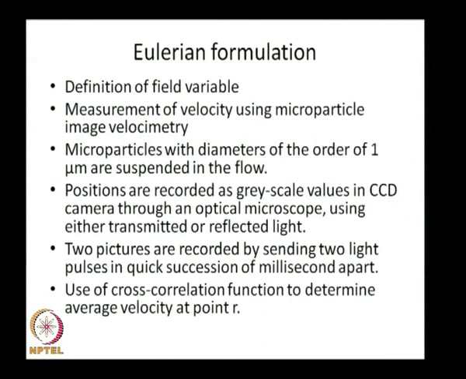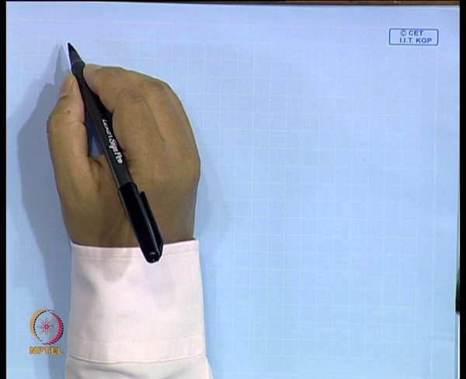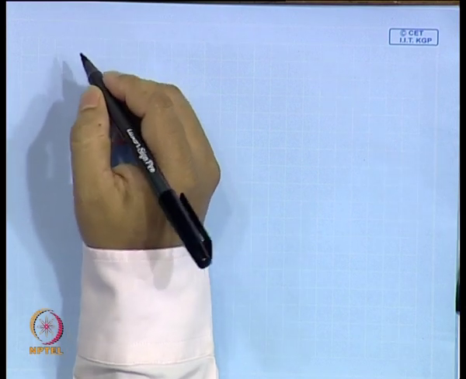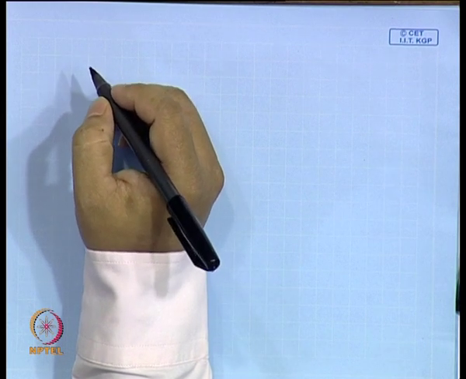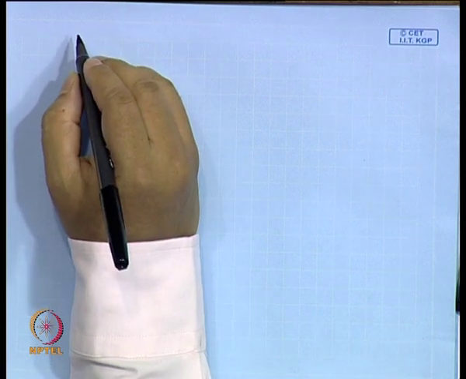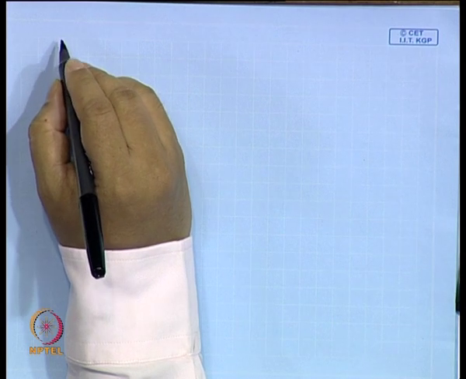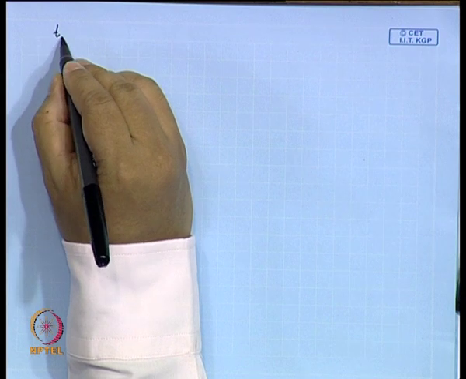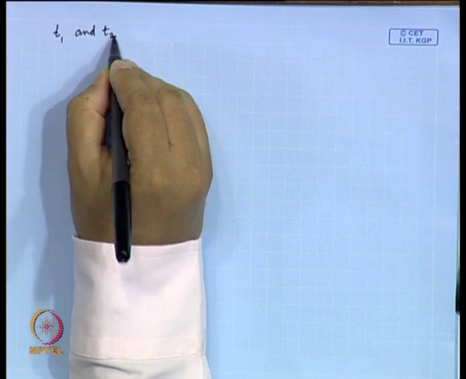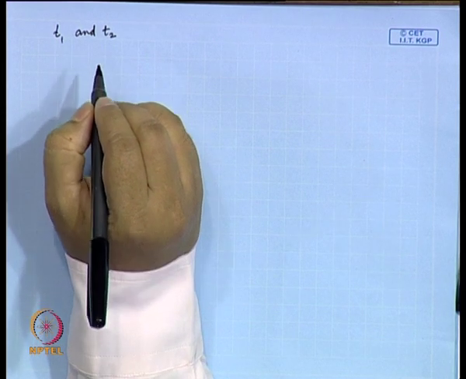How is it done? In a CCD camera, the positions are recorded as grayscale values. Say the 2 light pulses are in quick succession, at times t1 and t2. At time t1 there is a light pulse, and at time t2 there is another pulse.